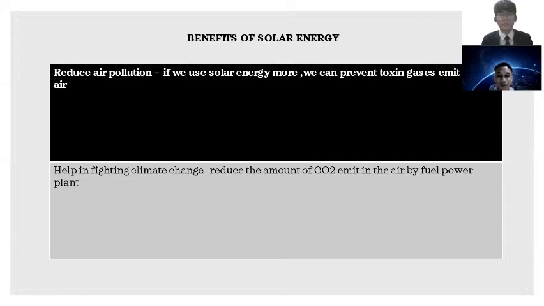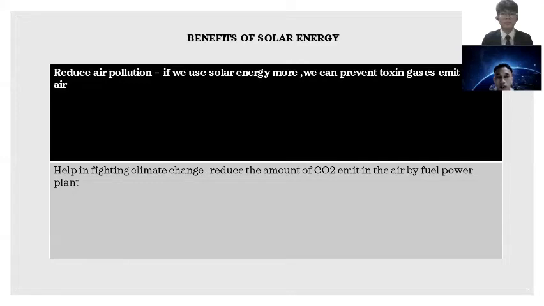The second benefit we can get by using solar energy is that it helps fight climate change. Right now, we are facing climate change, which is global warming. Global warming occurs because of an excess amount of carbon dioxide in the air. How does carbon dioxide cause global warming on our Earth?